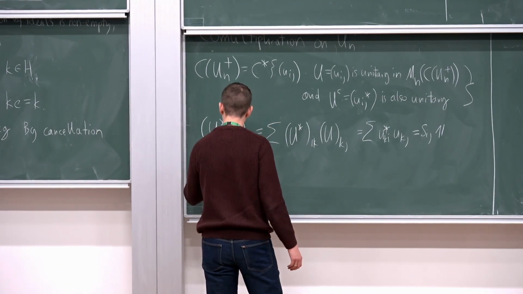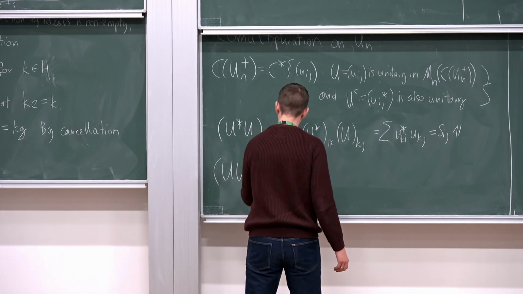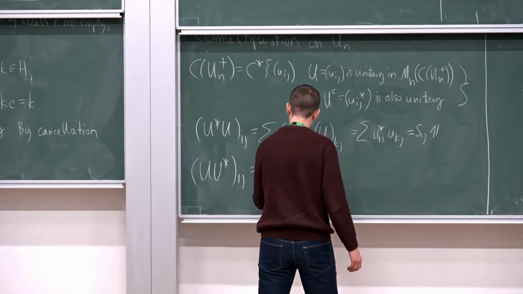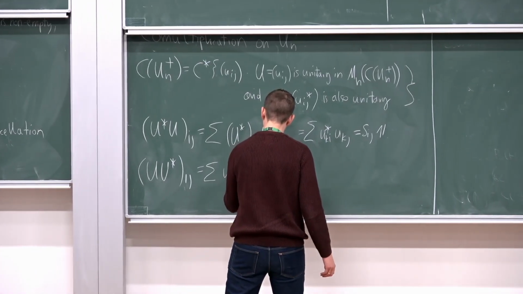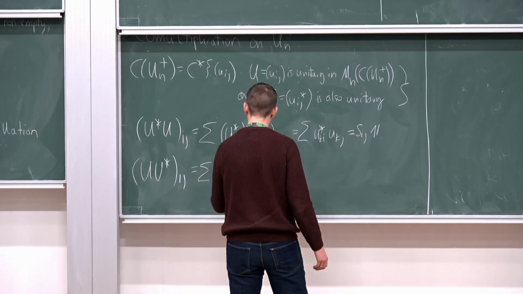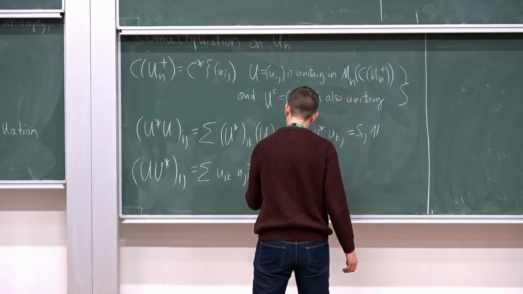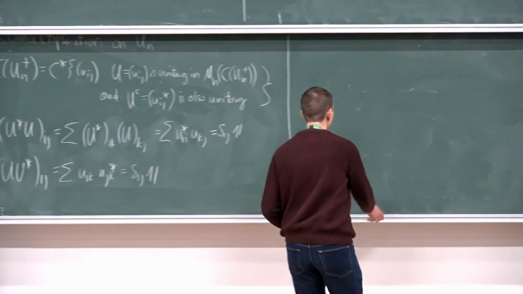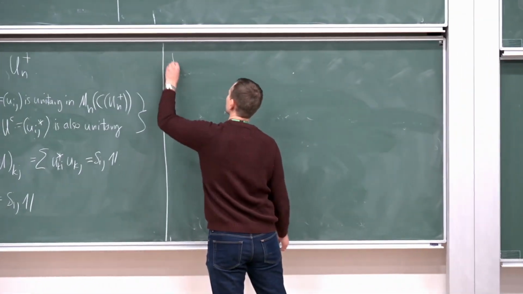The other condition for unitarity is that the sum over k of u_ik u_jk star is also delta_ij times the unit.